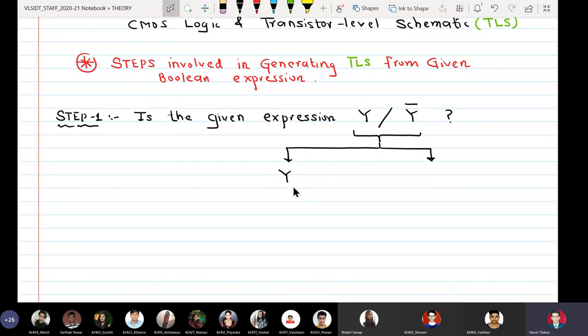If it is y, you design the pull up network first, and then you take a mirror image, which is defined before.